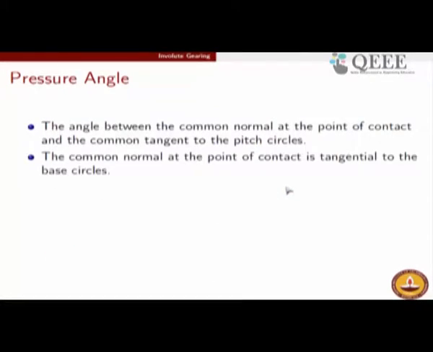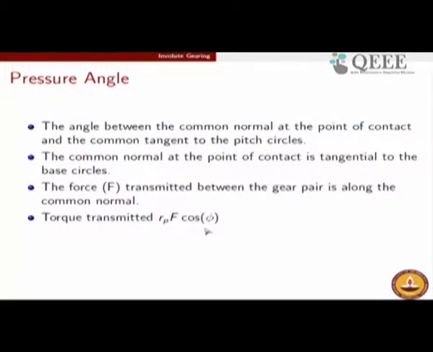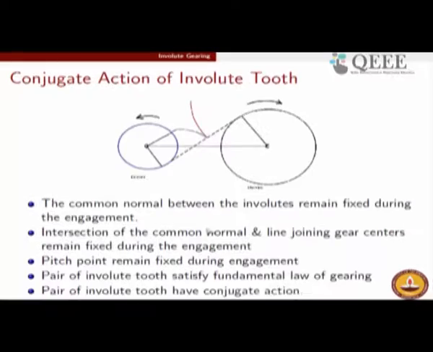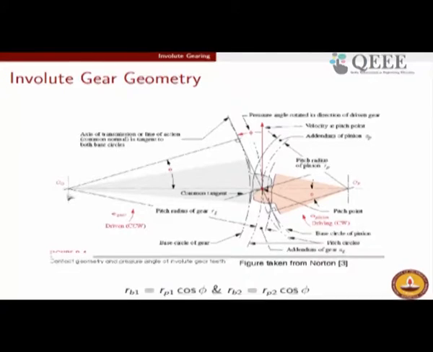So, the torque that is getting transmitted is RP times F cos phi, RP being the pitch circle radius, which is basically this distance OG to this red dot, the pitch point. So, this distance is RP, and RP times F along the vertical direction in this picture is going to be the torque that is getting transmitted.